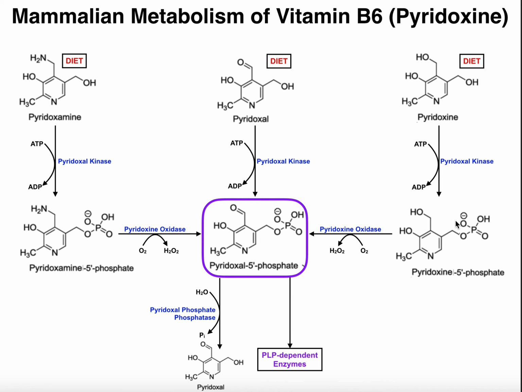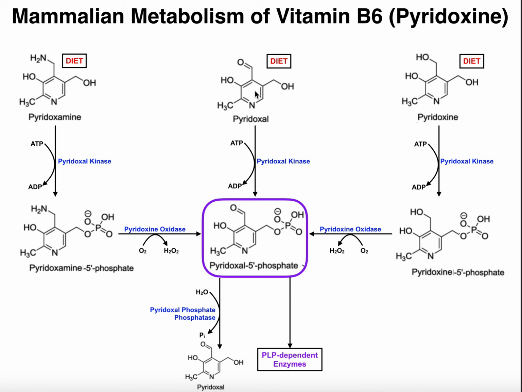And again, as in the case over here on the right, pyridoxamine 5' phosphate is going to be oxidized up here at the top by pyridoxine oxidase. This enzyme again uses the oxidizing power of molecular oxygen to oxidize this amine ultimately into an aldehyde as shown right here. So again, the same reaction, a slightly different mechanism, but you're going to get the same product, pyridoxal phosphate.